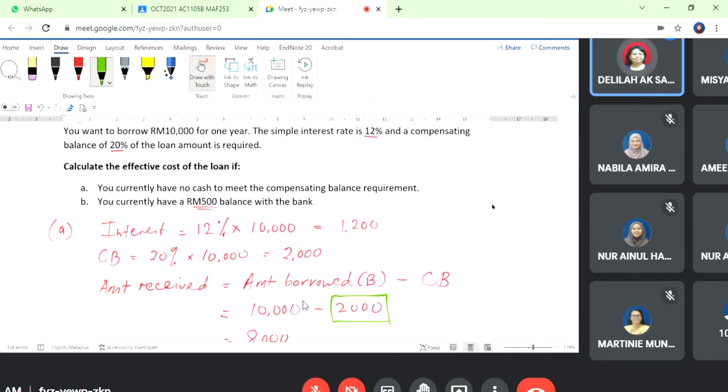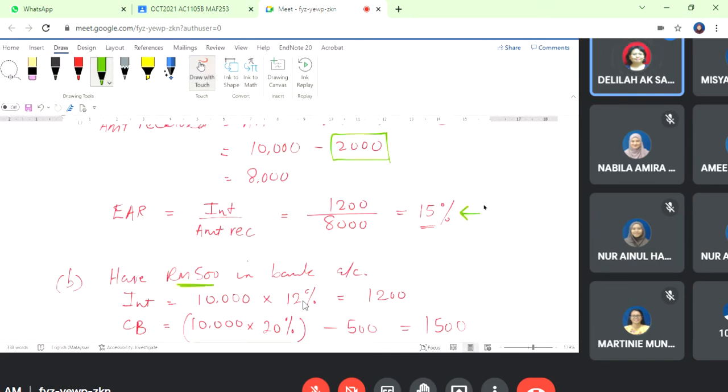Now in your chapter 6, the chapter will also show you how to do the adjustment if you borrow for less than 12 months. I advise that you go through the calculations for less than 12 months, just to make sure that you understand what is going on.